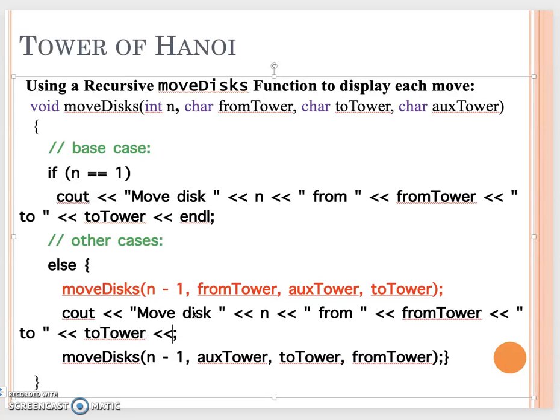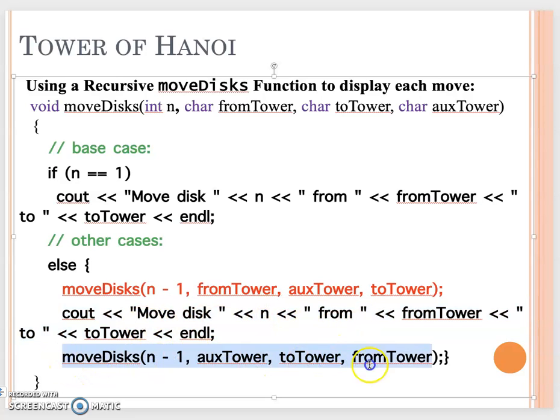Then we just display to the console to show I move the disk n. Again, after you move the first n-1 from front to the assistant tower, then we move the bottom one, the n, to the location.